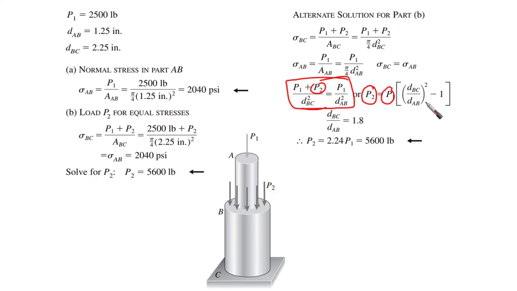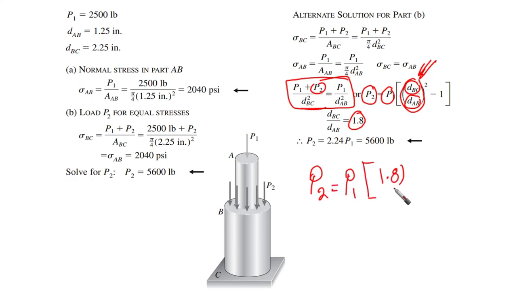And this ratio we already know because we know d BC and d AB. This ratio equals 1.8. This means that P2 equals P1 times 1.8 squared minus 1.